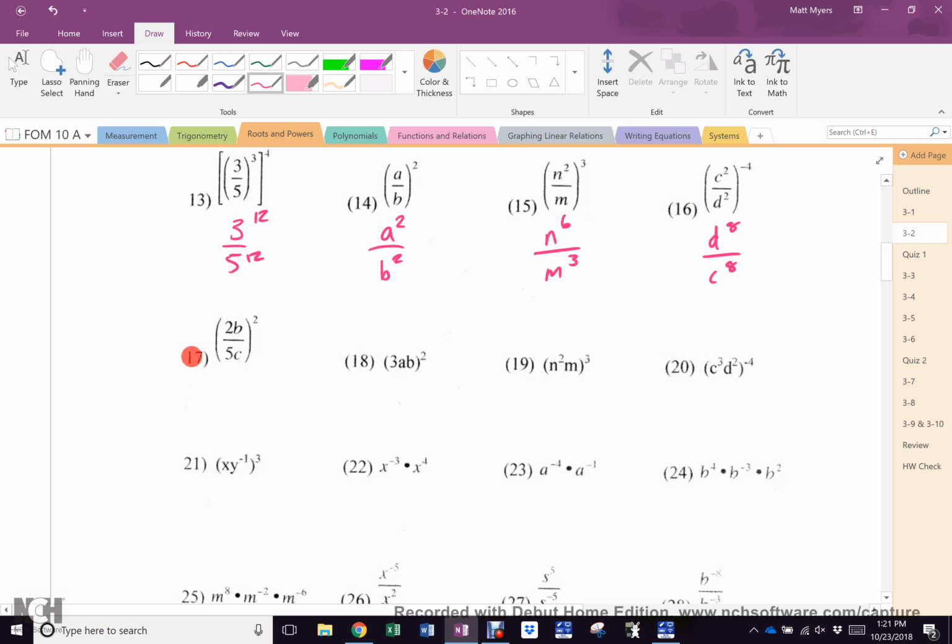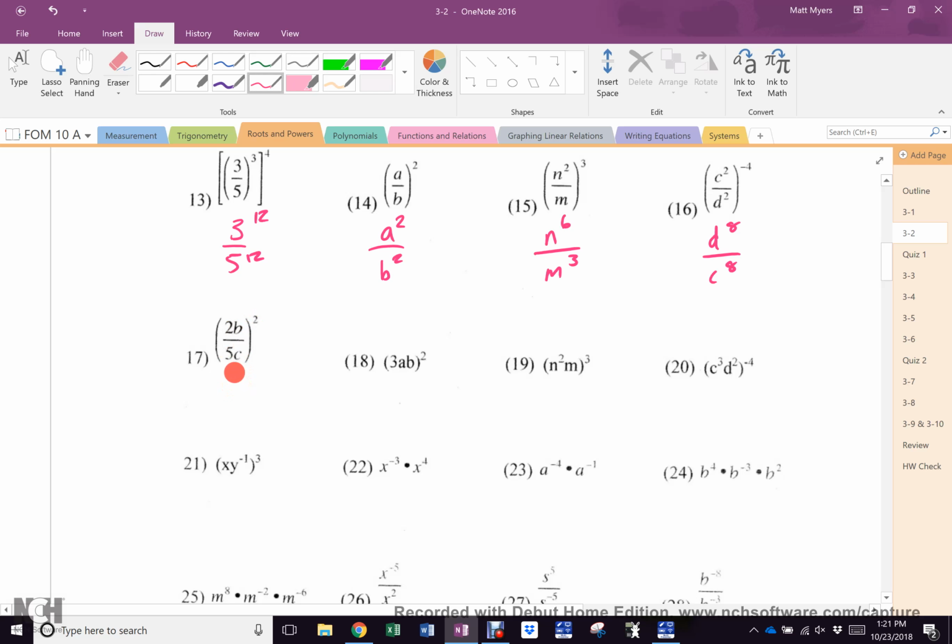17. Who we at? Micah, what you got? 2b over 5c squared. That's what's written right here. I want to know what that means. Izzy, you want to help a brother out?